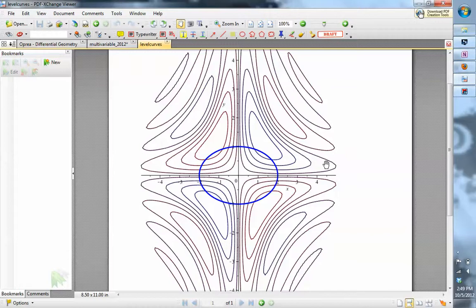These traces are level curves of the surface up above. So I've got the level curves, and I've got this constraint curve. What do you notice about the constraint curve and how it interacts with the level curves of the surface?